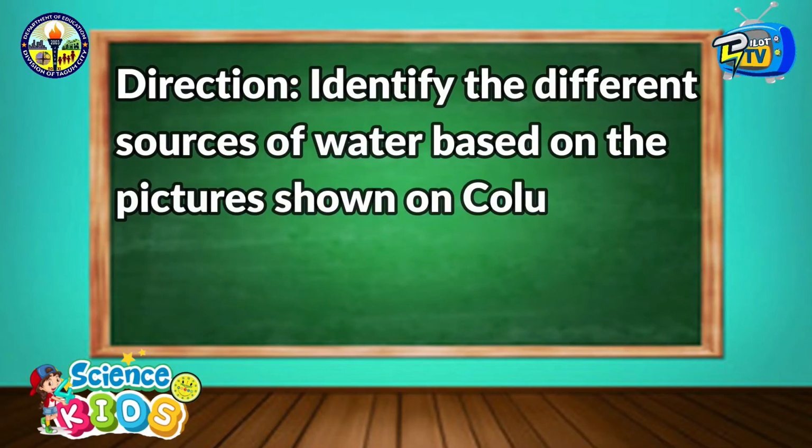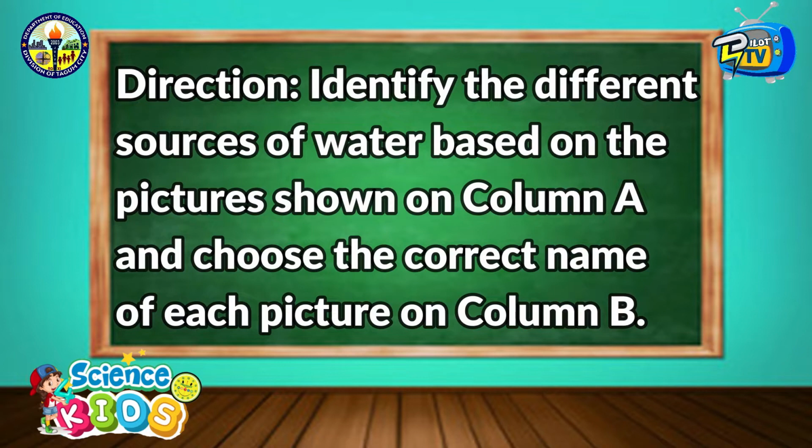Identify the different sources of water based on the pictures shown in column A and choose the correct name of each picture in column B. You will be given 30 seconds to answer this activity.